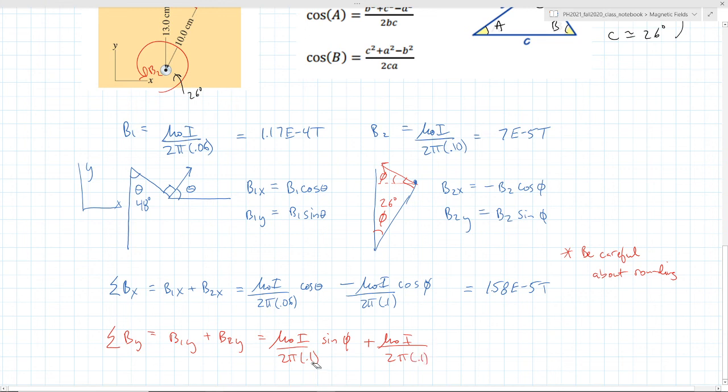Oh, wait a second. This is phi. This is theta. Where, let's see, our theta was, this is 48 degrees. And this was our 26 degrees, etc. And if you compute this, you find this is 1.17 times 10 to the minus 4.